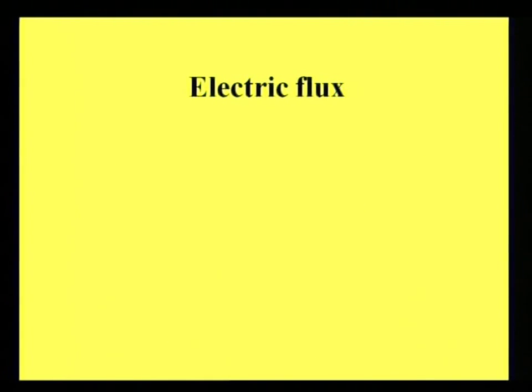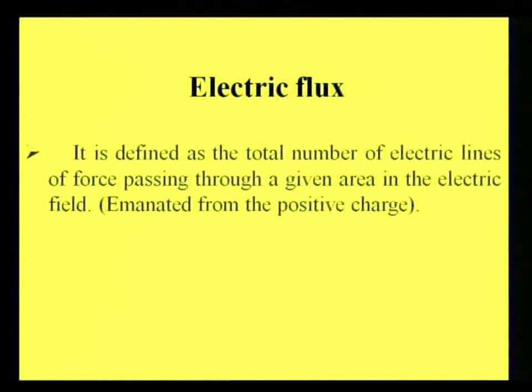Now what is electric flux? If you have referred to magnetic circuits, there we have magnetic flux and here we have electric flux. So electric flux is basically defined as the total number of electrical lines of force passing through a given area in the electrical field. The lines of force are emanating from a charge and are always at right angles to the charge.